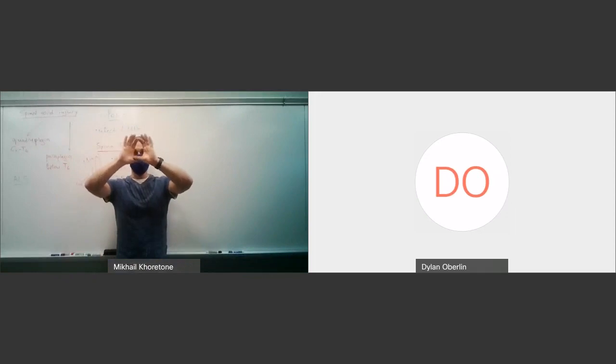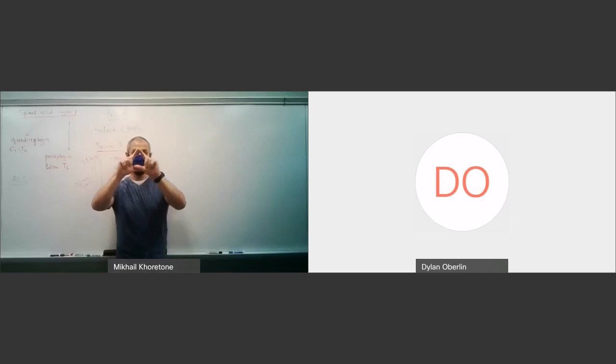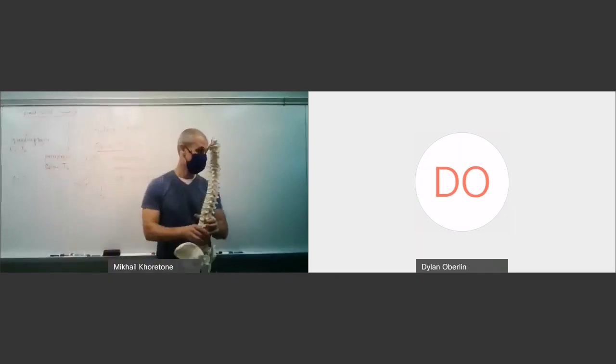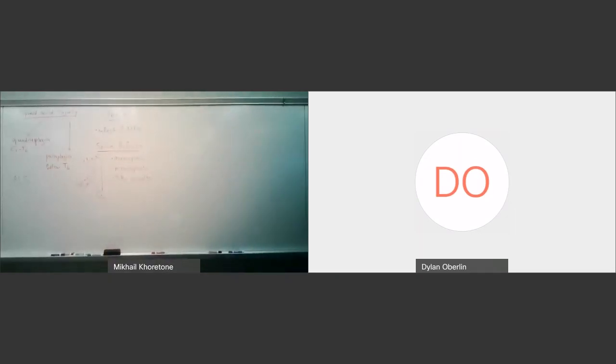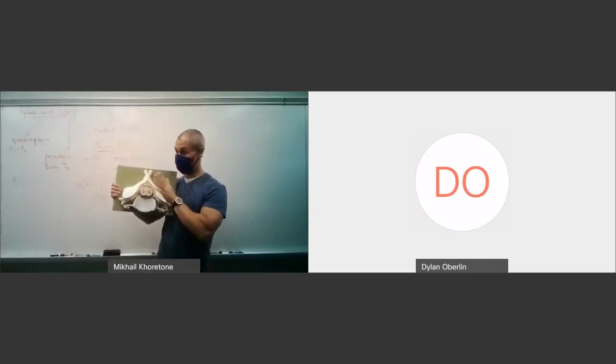My thumbs kind of represent the body of the vertebra, the thick part, and my fingers represent the spinous process. And that is the foramen where you have the spinal cord. Okay? Now imagine that this part of the vertebra is gone. It's gone. Does that make sense?